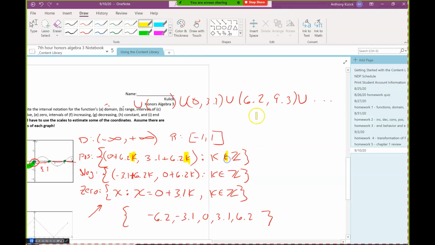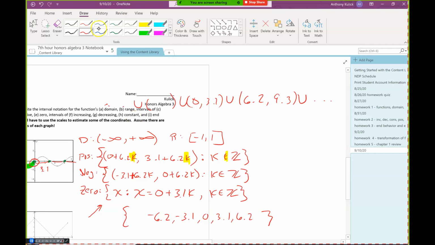And then this symbol is that curvy E, the set membership symbol. And then this is the integer symbol after that. So what it's saying is that k is a member of the set of integers. So k can't be a decimal, but it could be like negative 1 or positive 1 or whatever.